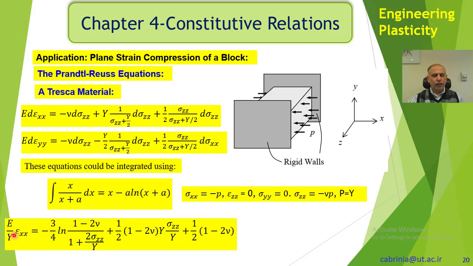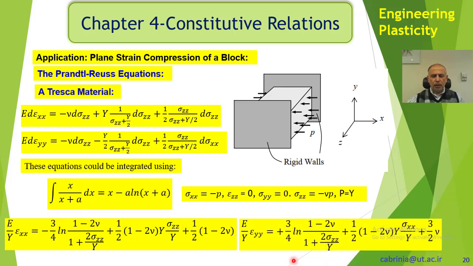Okay, so we get epsilon xx equal to that, and epsilon yy equal to that. So we have obtained an equation of strain in terms of stress. Okay, so this is the plastic behavior, and we have analyzed it, and so this is the analysis of this problem for elastic and plastic parts.